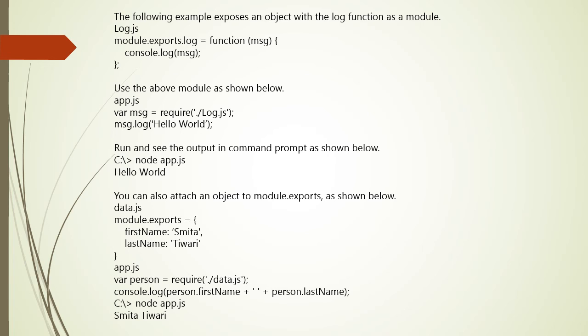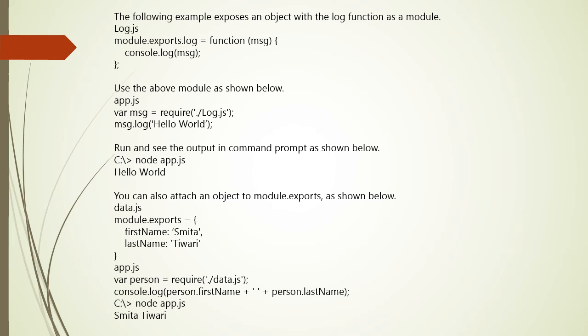In the same way as above, you can expose an object with a function. The following example exposes an object with the log function as a module. Write the log.js code this way: module.exports.log = function(message) { console.log(message); }. The above module will expose an object { log: function(message) { console.log(message); } }. Use the above module as shown.